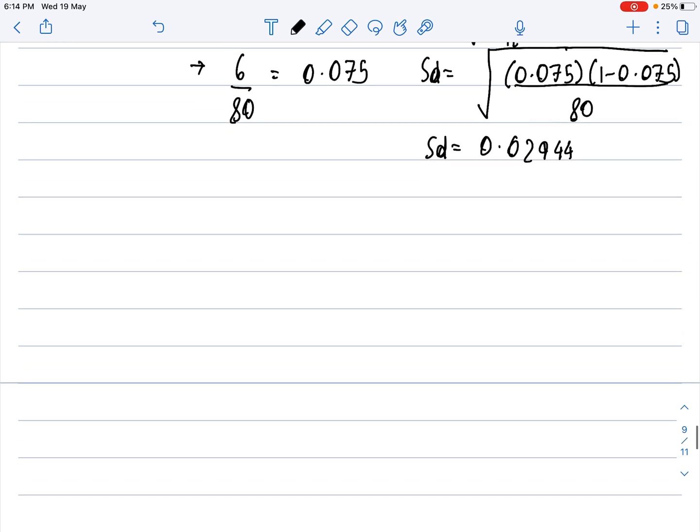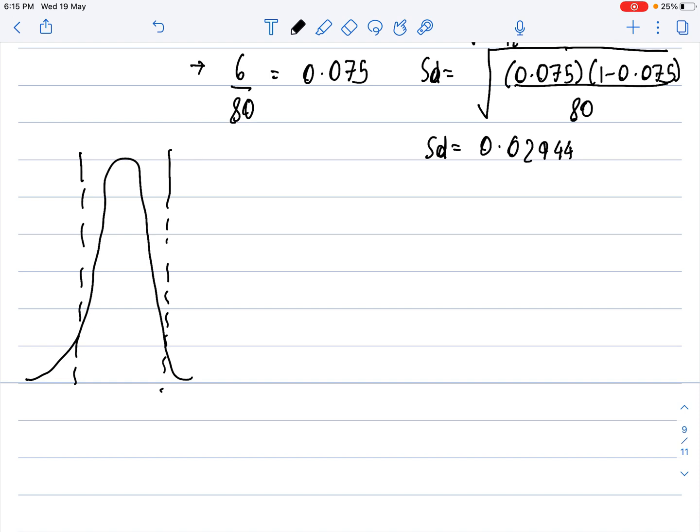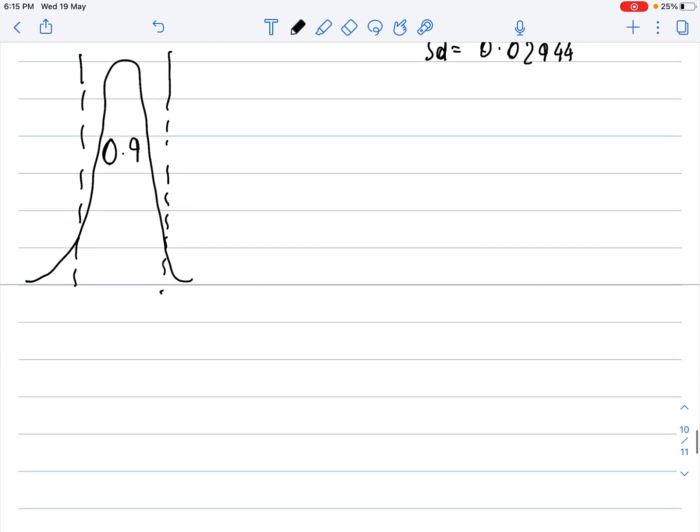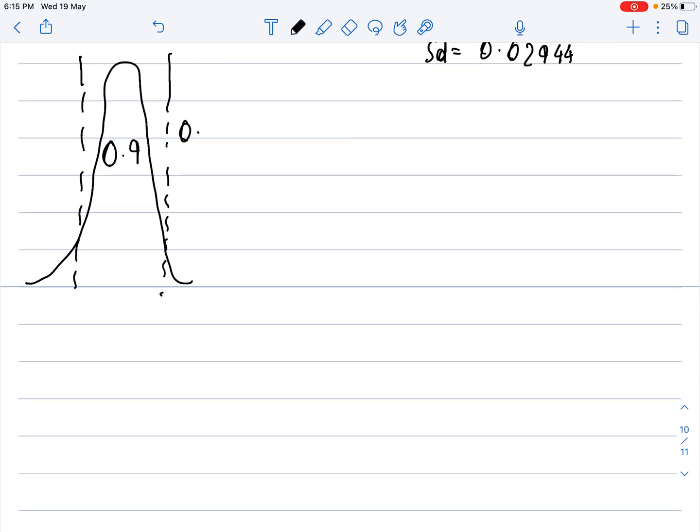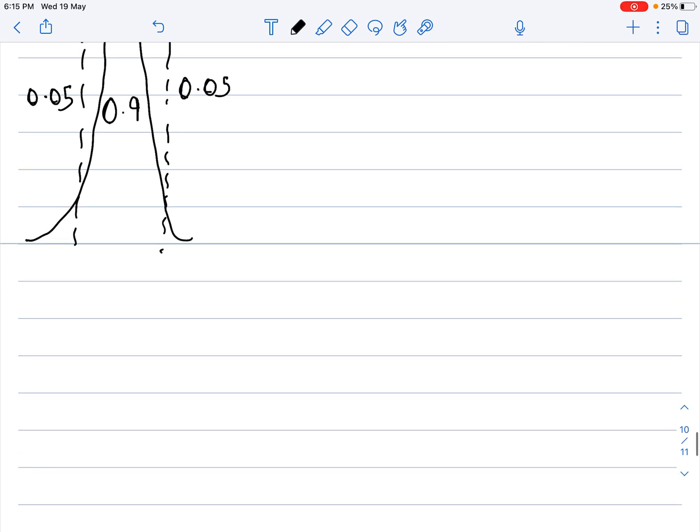Let's say this is my normal distribution curve. Because it's a 90% confidence interval, I know the area in between is 0.9, because 90 over 100 is 0.9. So I know the area here is 0.05 and the area here is 0.05. I need the two z values, the upper z value and the lower z value.